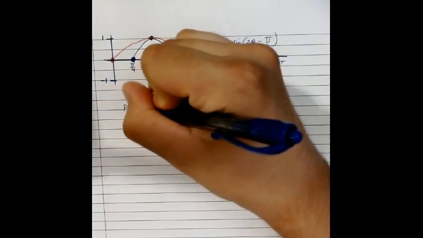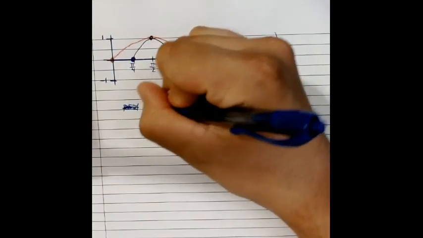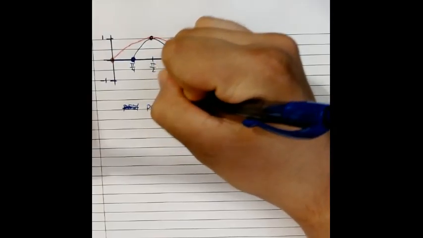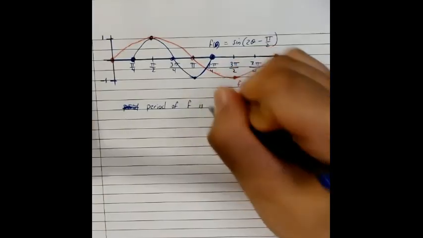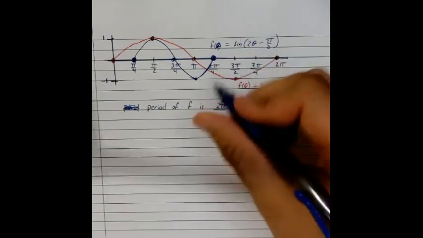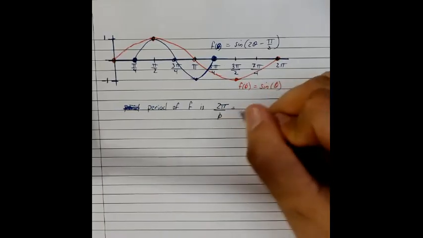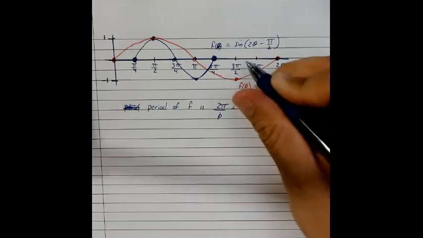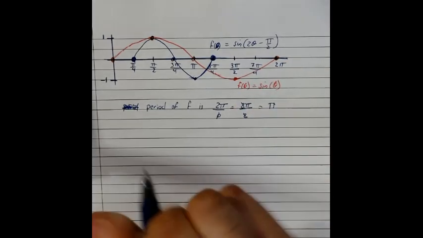The period of this function is 2 pi over that number there, which is 2 pi over 2. And since those divide away, that just gives us pi.